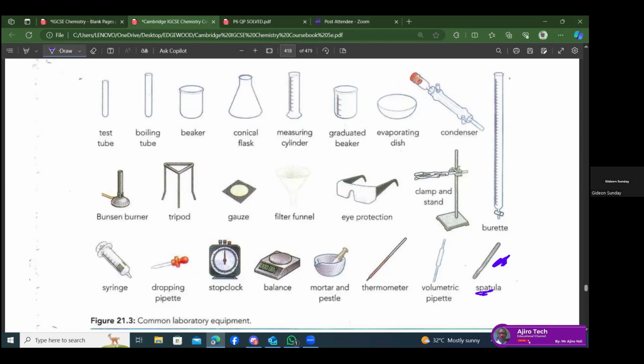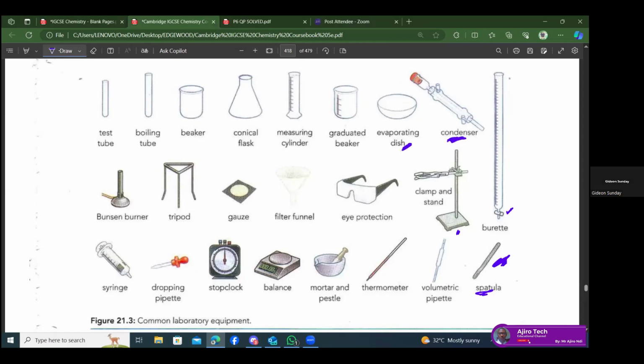So we also have the clamp and stand. We already talked about the burette. When you're having a reaction where you have to condense, or probably distillation, that is when you use the condenser. If you are preparing a salt and you want to evaporate it, you could use the evaporating dish.